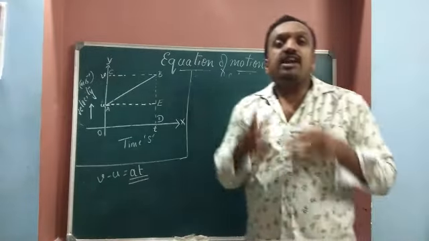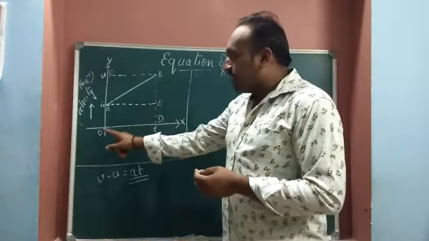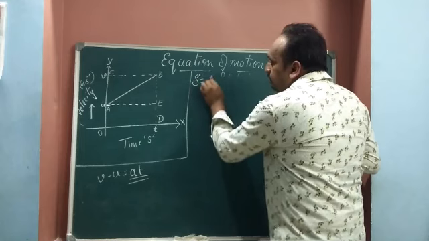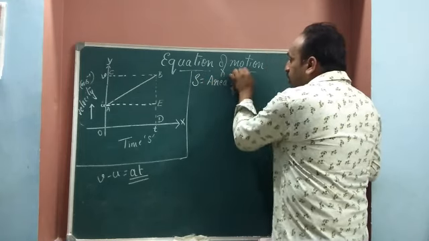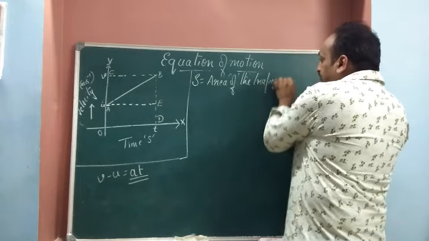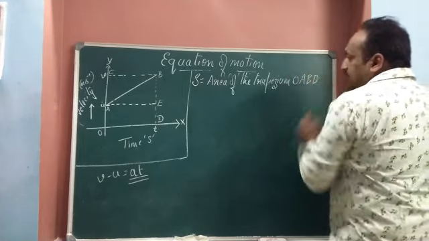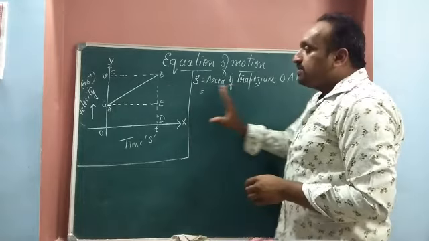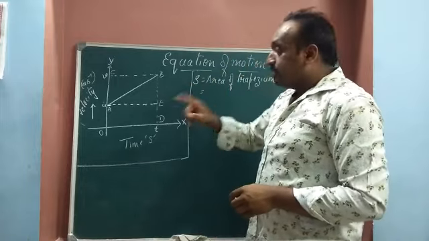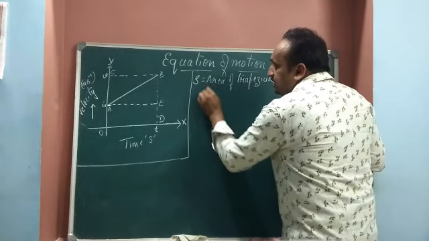The distance travelled S with the time t will be equal to the area of trapezium OABD. So S will be equal to the area of the trapezium OABD. See here, this area of trapezium OABD can be divided into two diagrams. One is the rectangle plus triangle. So let me write it.